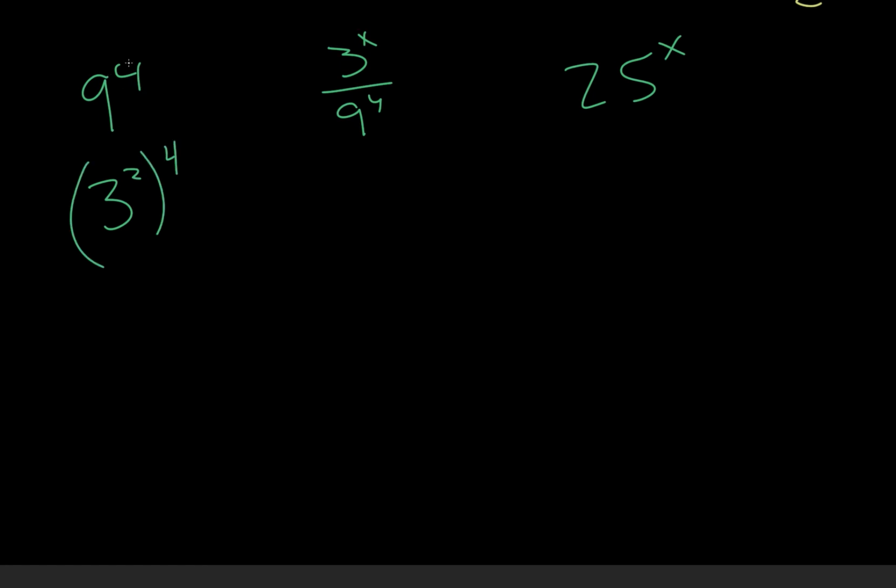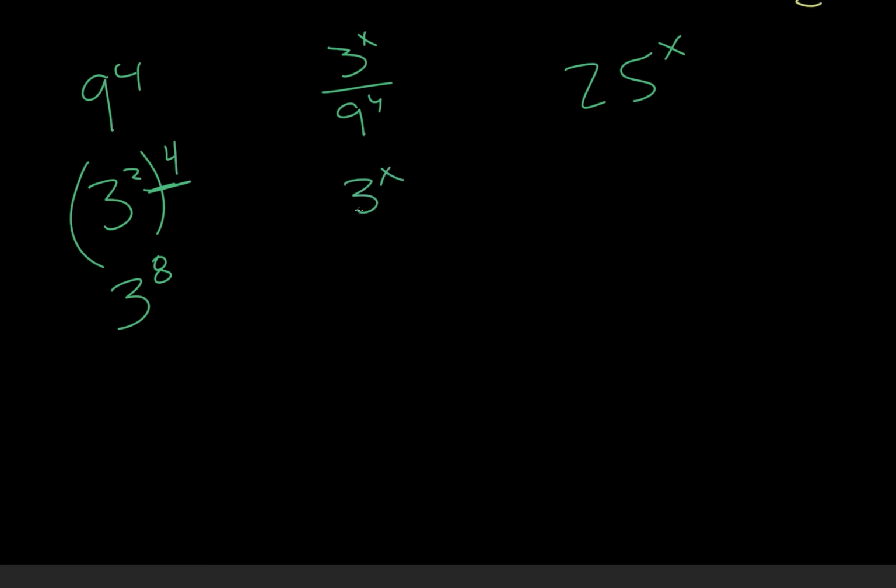So do you see how this is the same thing, because this is really just saying 9 to the 4th. Now our exponent rule says to multiply these together. So we're going to get 3, and then 2 times 4 is 8. And we're going to keep it like that, because the direction said write as a prime number base. Okay, we're going to once again change the 9.